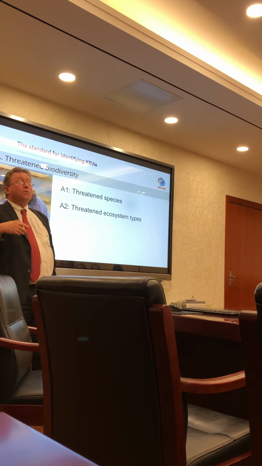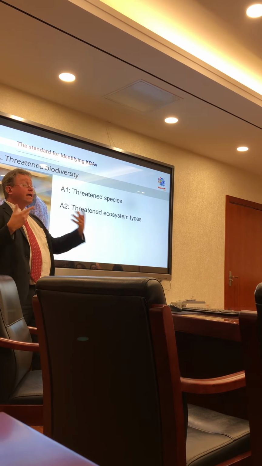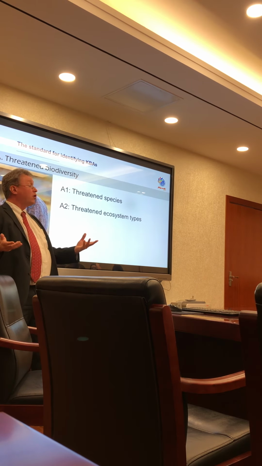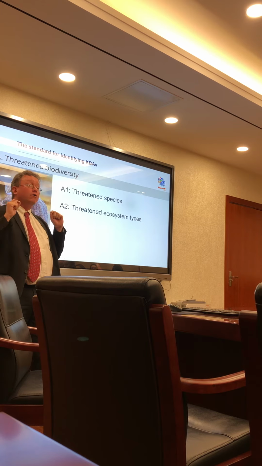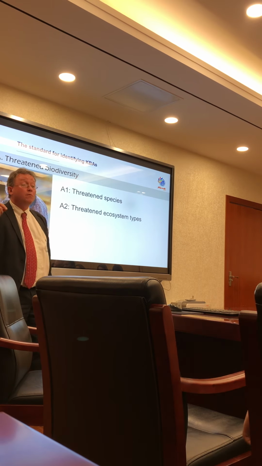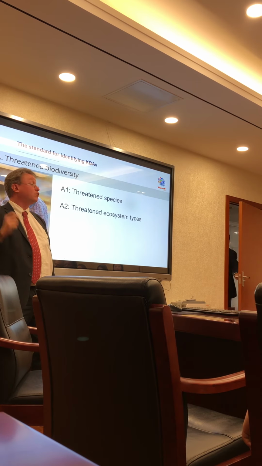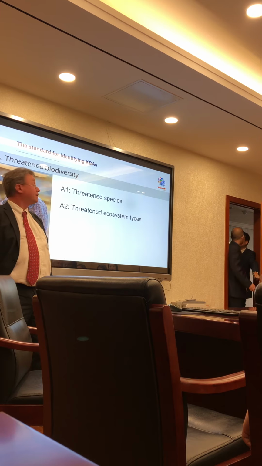What the global standard does is to bring together five different dimensions of life on Earth to measure and recognize and document the importance of particular sites in maintaining those elements of living nature.